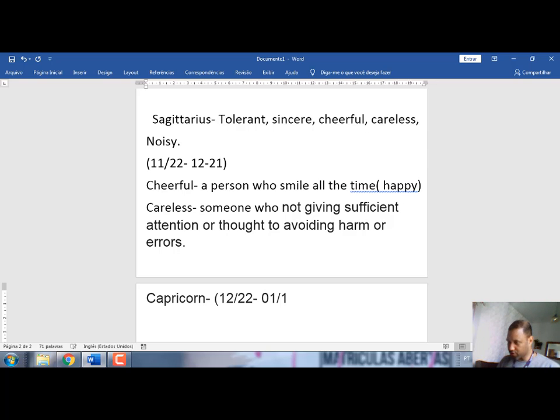So, if you know someone who is Leo, pay attention, tell me if this person is generous, good at organizing, snobbish, and fond of power.